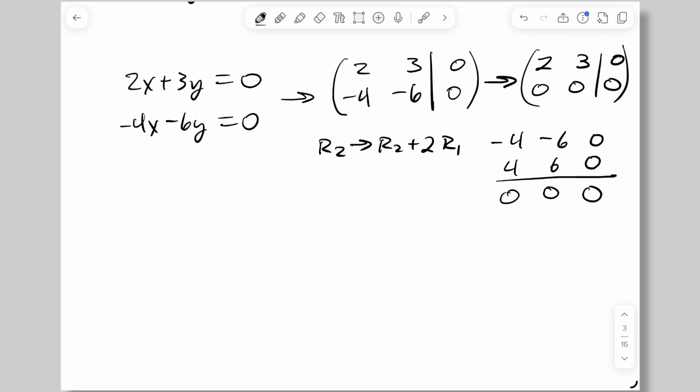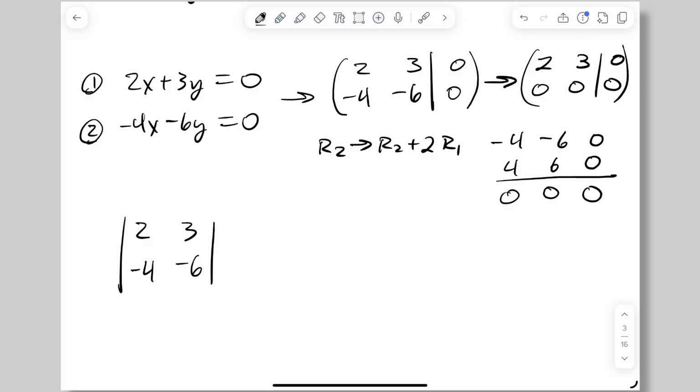In other words, this collapses into one equation. Either of the original equations, 1 or 2, is the set of solutions to the system, or I should say any ordered pair satisfying either equation is the solution to the system. And now let's consider the determinant 2, 3, negative 4, negative 6.